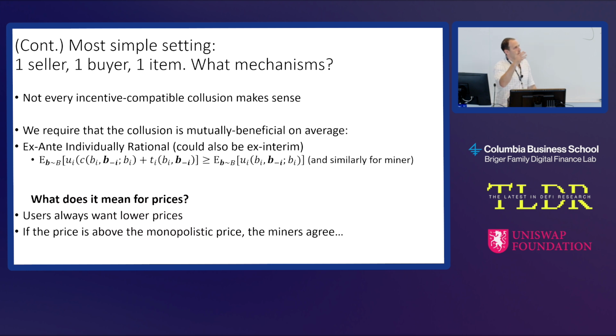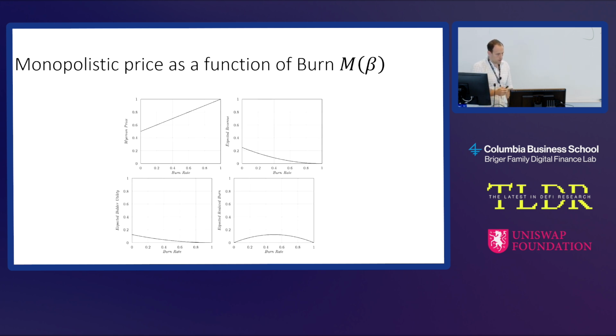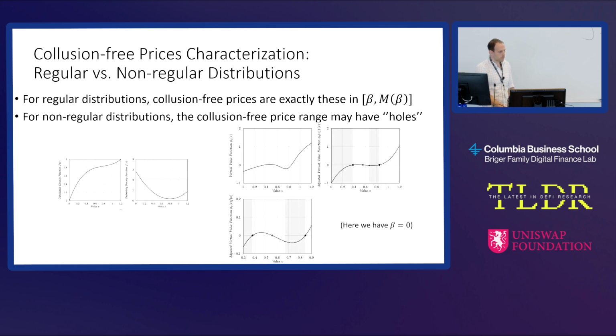So how would this kind of transformation look? The users are always going to want lower prices. That's the only way they benefit. The miner has a more complicated thought process. On one hand, they want to increase demand, so they want to lower prices. On the other hand, they want higher prices, and eventually it all boils down to whether we are above or below the monopolistic price.